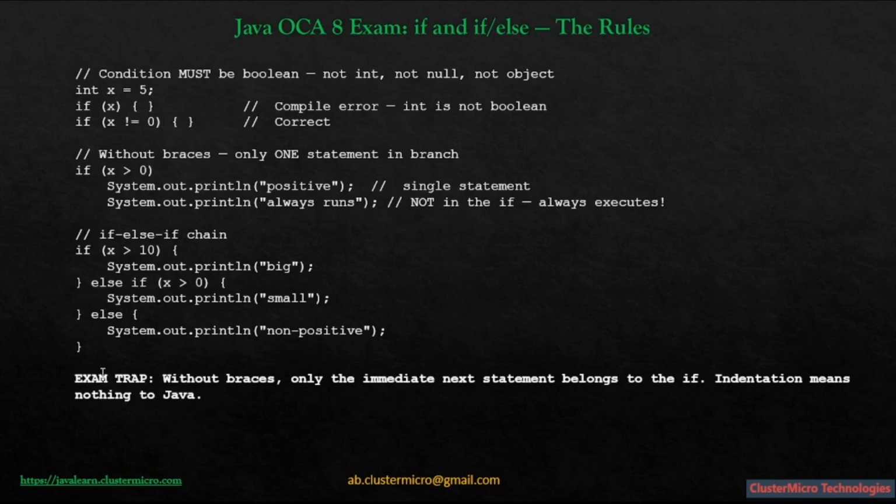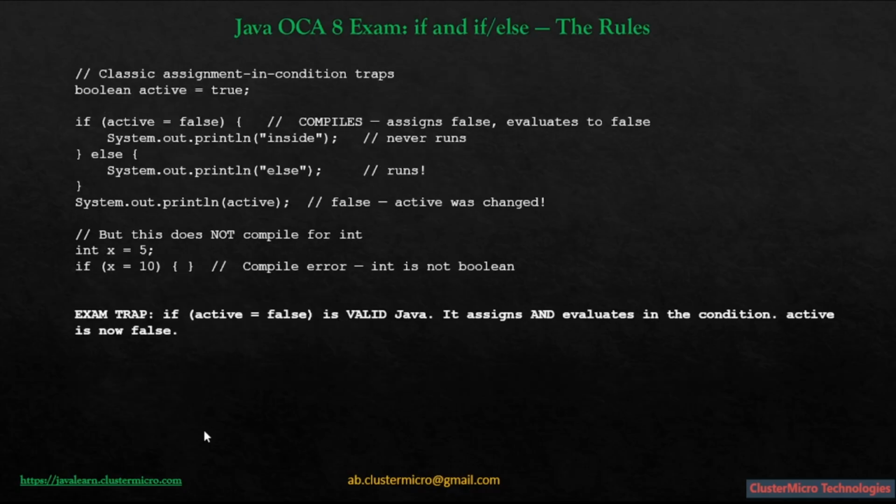So this is a very common trap involving assignment versus comparison. Consider the condition if active equal to false. In this case, it uses a single equal sign, right, so this is an assignment and not a comparison. Many people assume that this would cause a compile error, but in Java it actually compiles successfully.